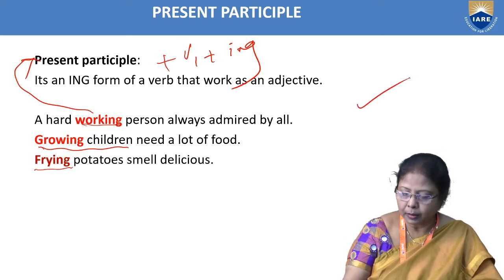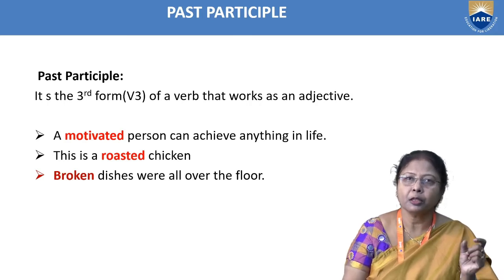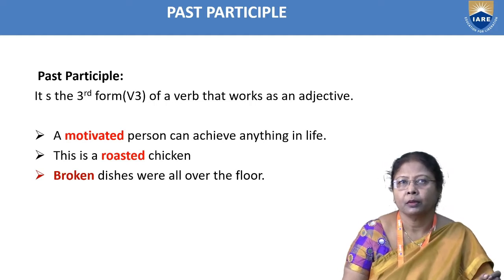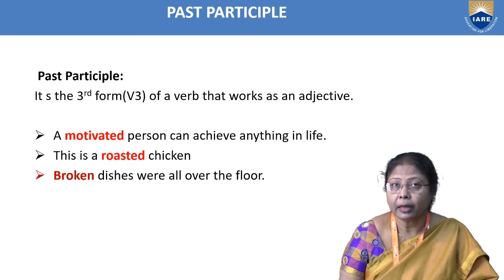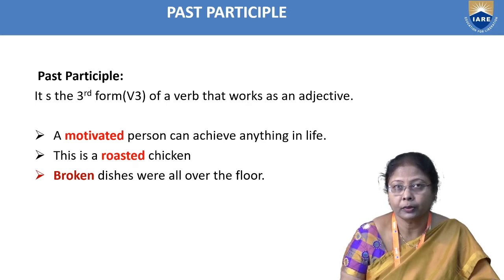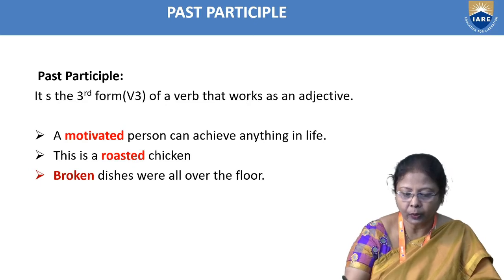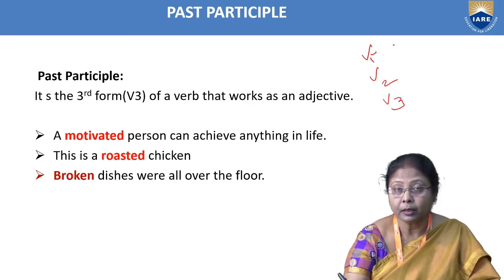And the next one is the past participle. How does the past participle act as an adjective before the noun? Just now we discussed what a past participle is: the V3 form of the verb. For example, sing, sang, sung. Sing is V1, the present tense.